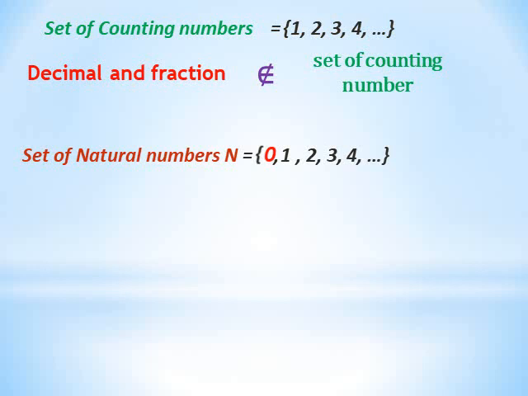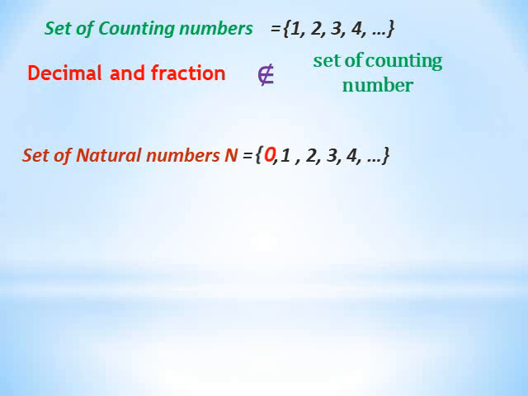I know that counting numbers have 1, 2, 3, 4, 5, and so on. Natural numbers, I add 0 only to counting numbers. It will become 0, 1, 2, 3, 4, 5, and so on.